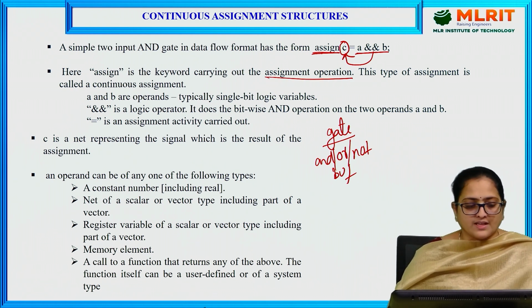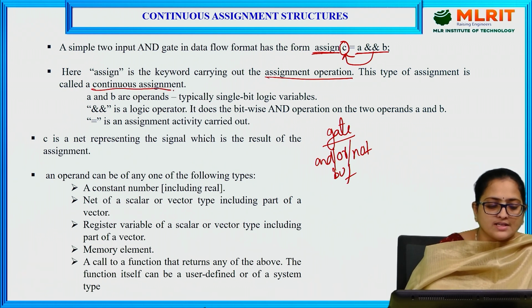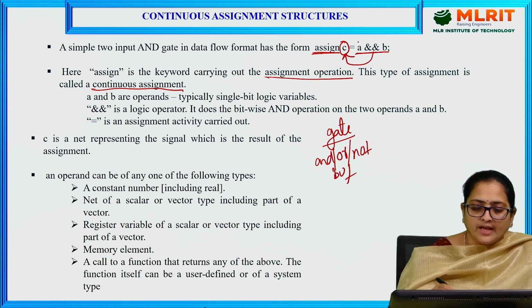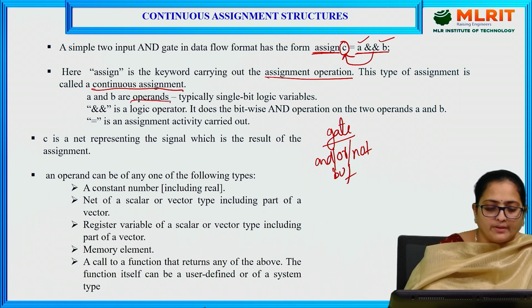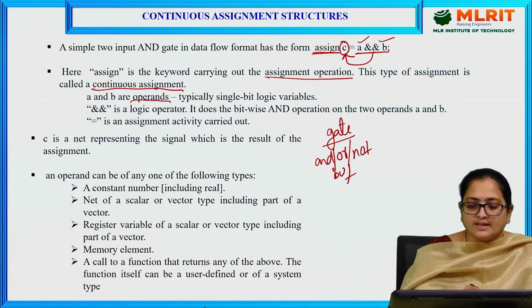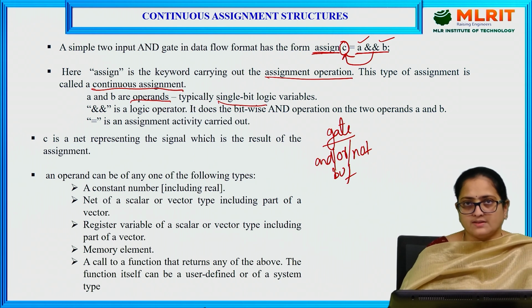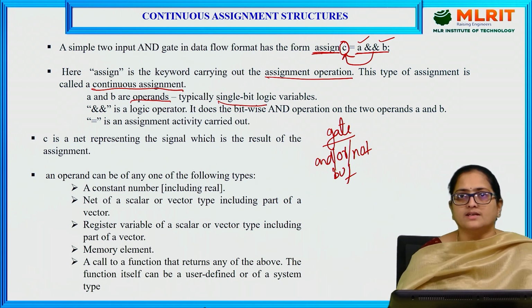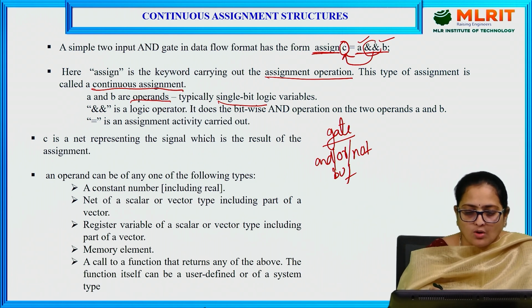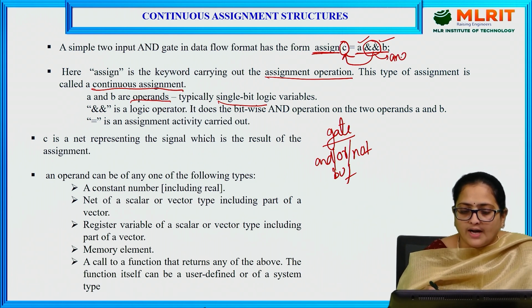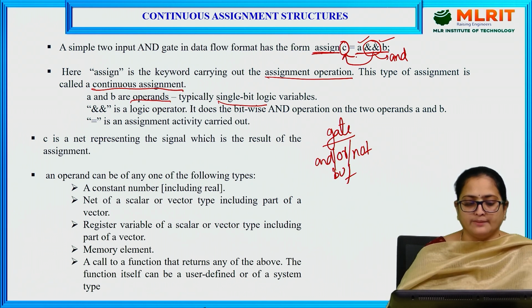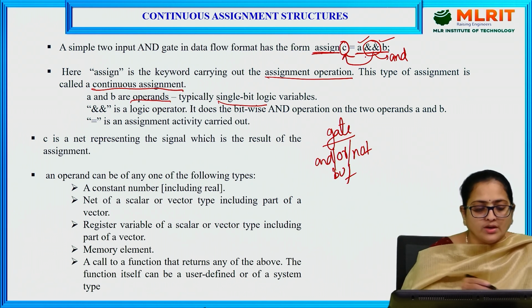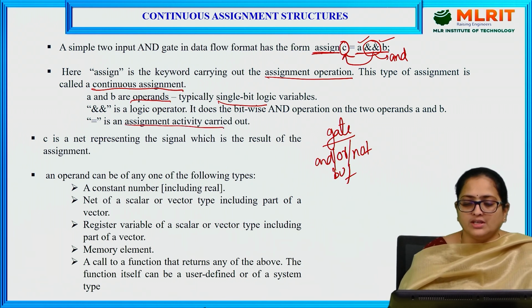This type of assignment is called a continuous assignment, where A and B are called operands, typically single bit logic variables. This ampersand operator defines the logic operation to perform an AND operation between A and B, and the equals sign is the assignment activity carried out.